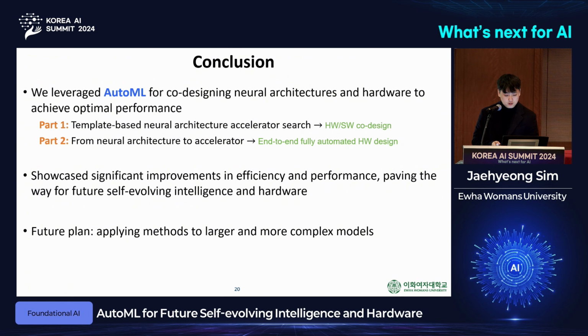Okay, that concludes my talk. We have leveraged AutoML for co-designing neural architectures and hardware to achieve optimal performance. So in the first part, we introduced a concept of template, which is made of an operator and accelerator pair, and used this template as a search space to accelerate the search process and at the same time get an optimal design point.